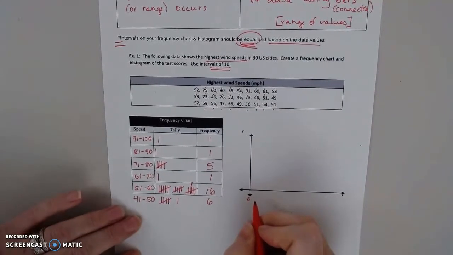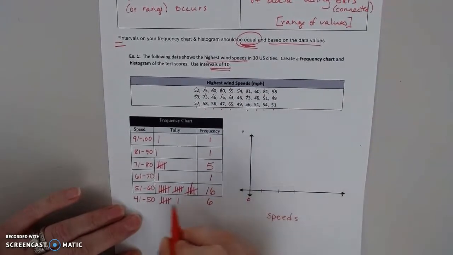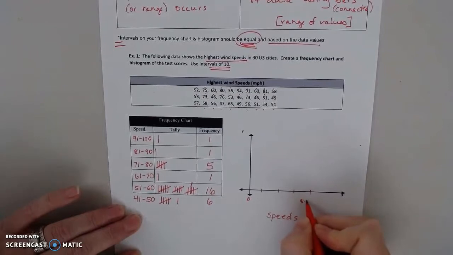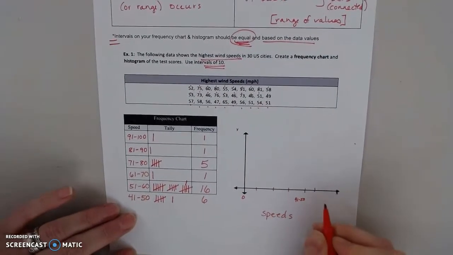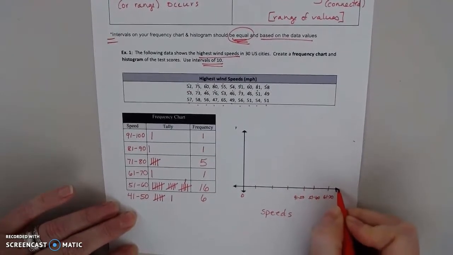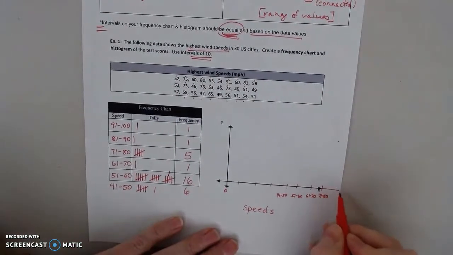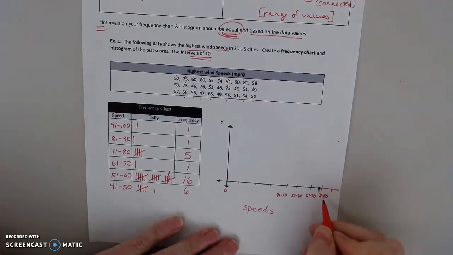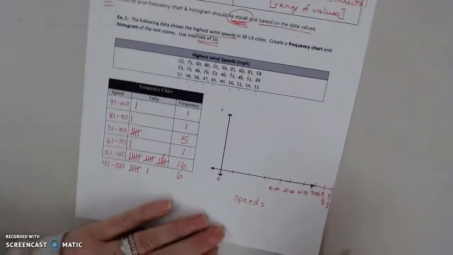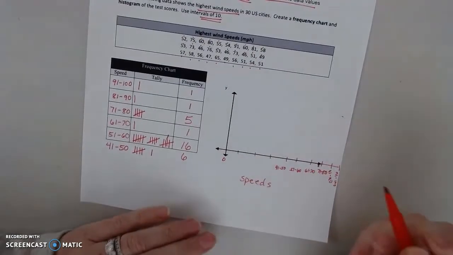So we did 41 to 50, 51 to 60, 61 to 70, 71 to 80, 81 to 90, and then 91 to 100. I should have made this smaller. In hindsight, plan better. Ideally, I would have spaced those out. I did use markers, so. And then we are at frequency.